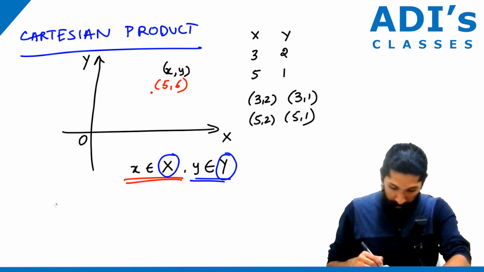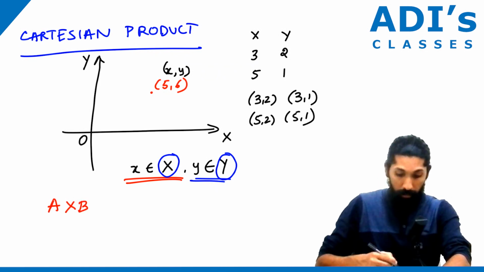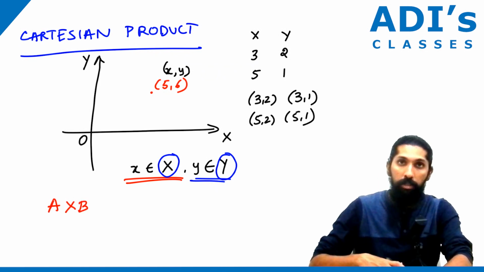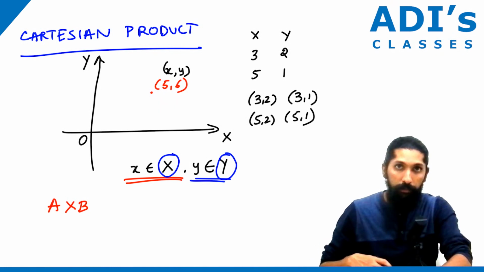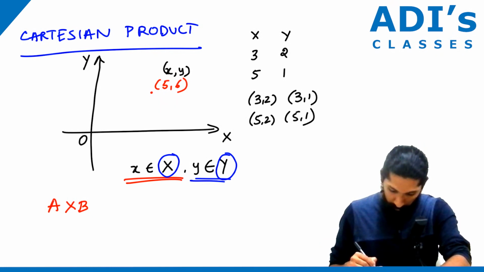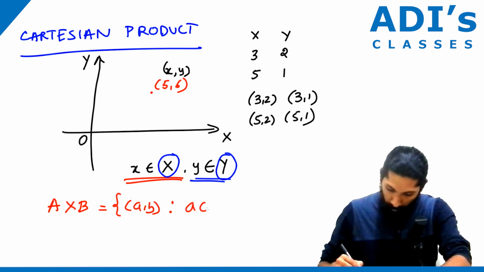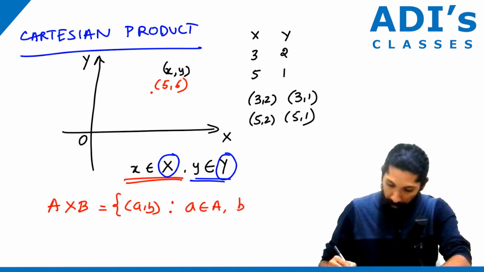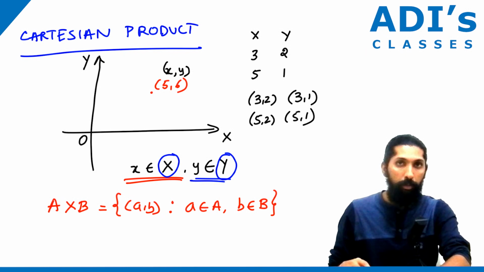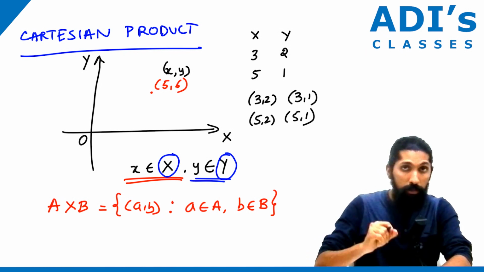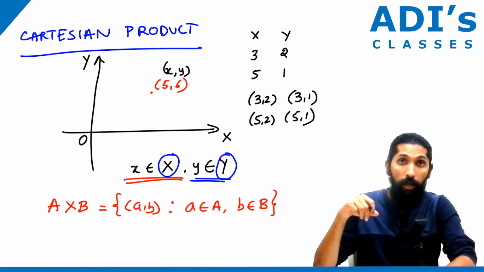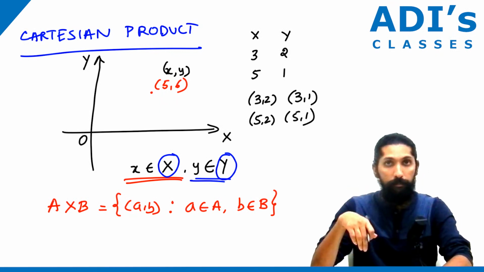Suppose you have two sets A and B, we write it as A cross B. So A cross B is the Cartesian product of two sets A and B. So A cross B is equal to (a, b) such that a belongs to A and b belongs to B. Now, this is the formal definition of Cartesian product of two sets.